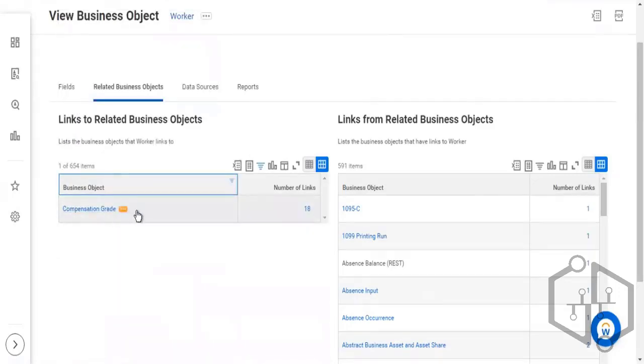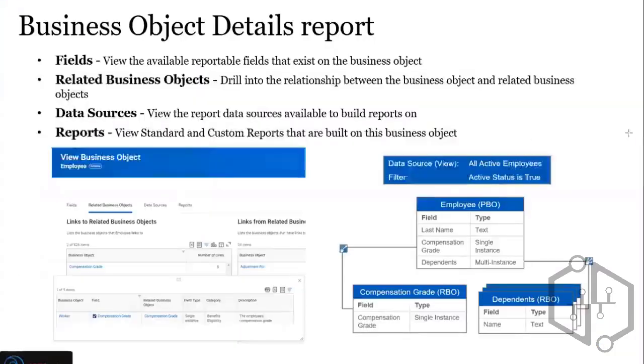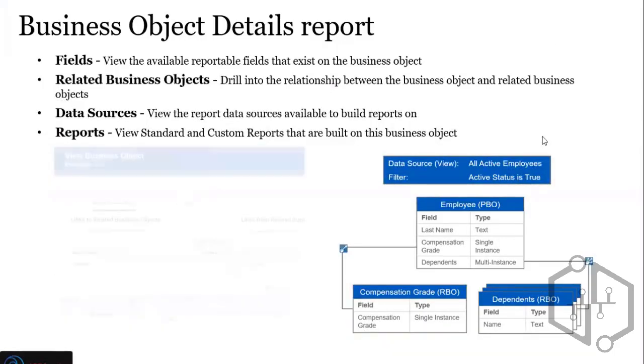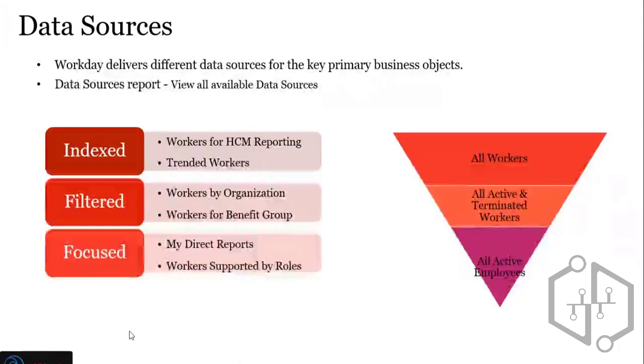So worker is related to compensation grade. Okay, similarly, each worker can be related to multiple dependents, right? Which basically identifies a one-to-many relationship.